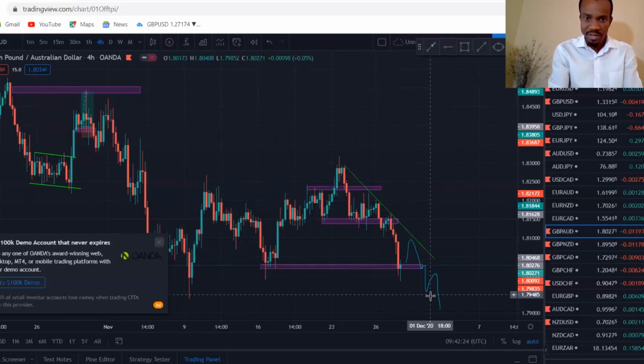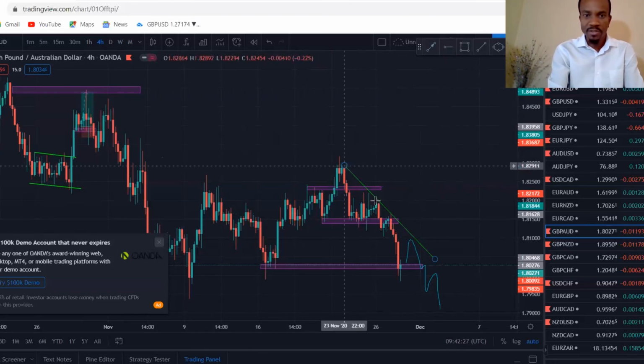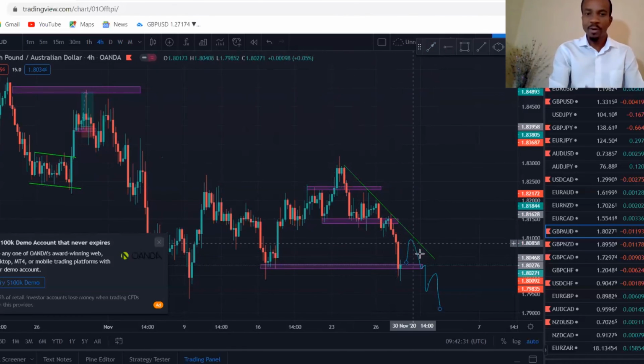Then we'll take a nice move to the downside. So if price breaks this trend line, remember prices will be trading below this trend line. Anything below this trend line, we'll be focusing on sells, but on this area there's a nice opportunity to go back and test those regions, and then we shoot to the downside.